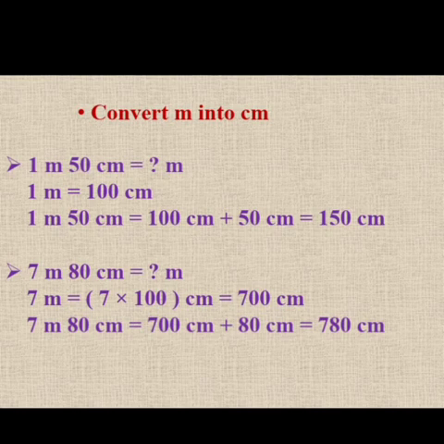So 7 meter 80 centimeter is equal to 700 centimeter plus 80 centimeter, which is 780 centimeter. That means when we convert meter into centimeter, we have to multiply the number with 100.